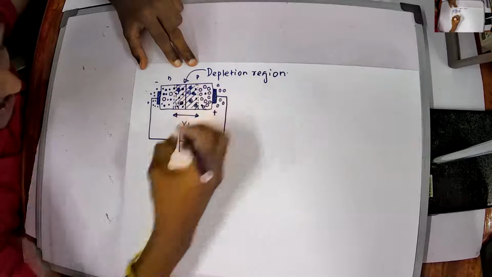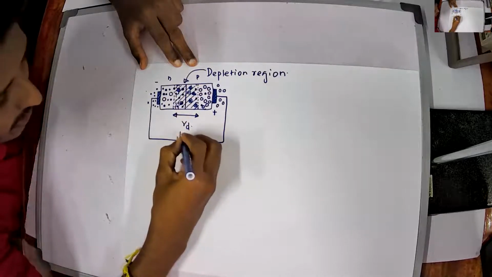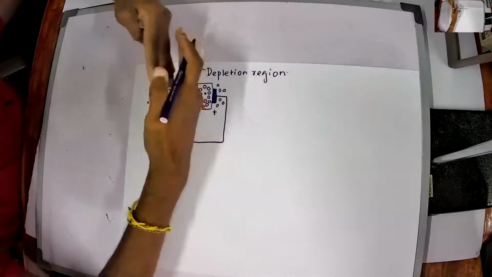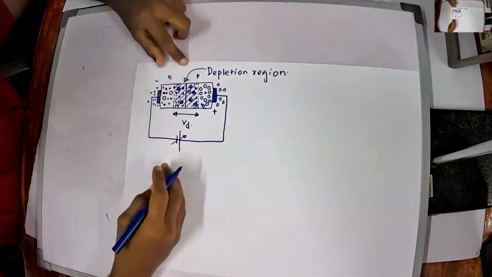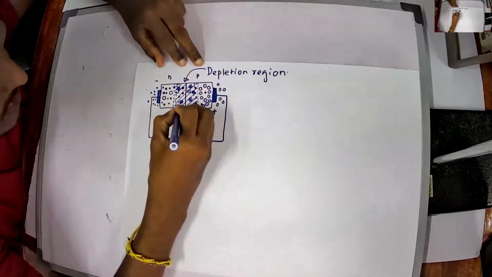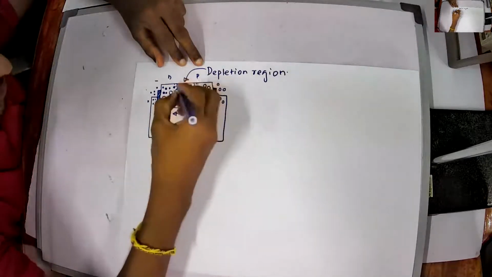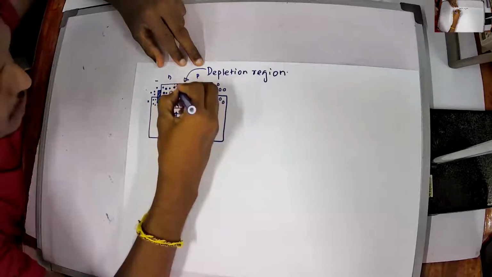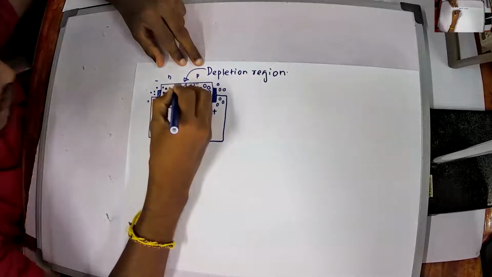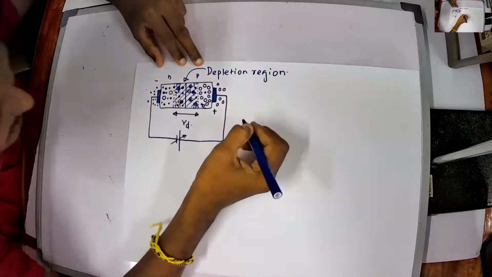When I am increasing the potential, I could say that the depletion region will get narrower and narrower. At a certain point, for example, let the depletion region become small enough so that the electrons can jump from one side to another.